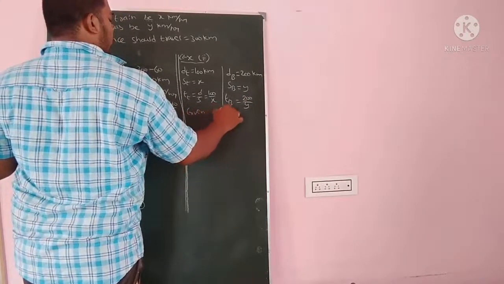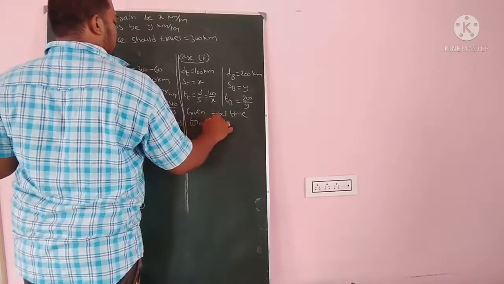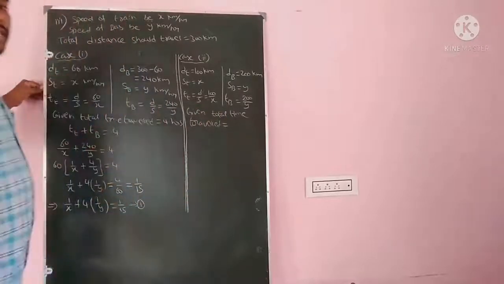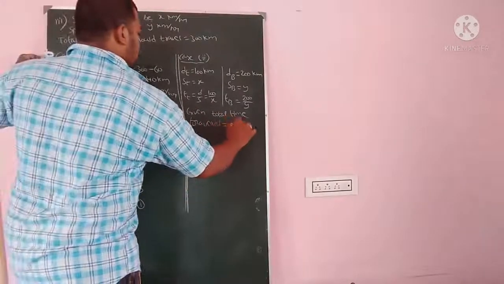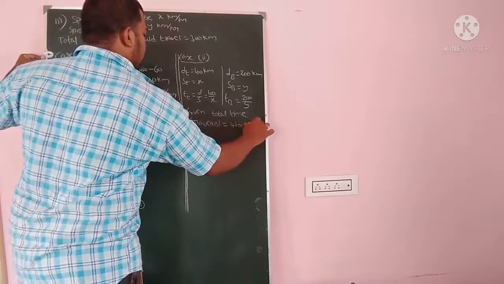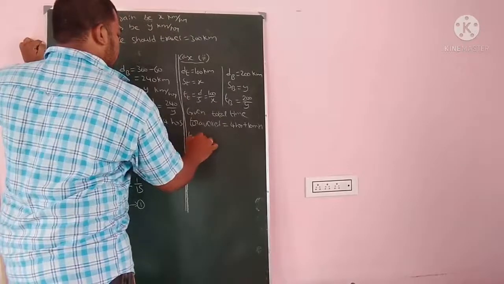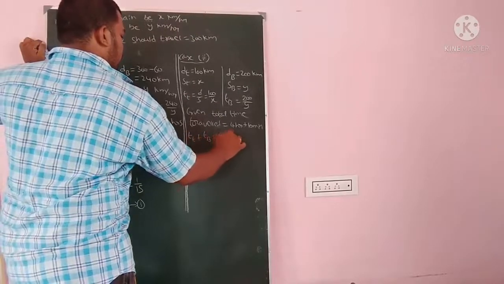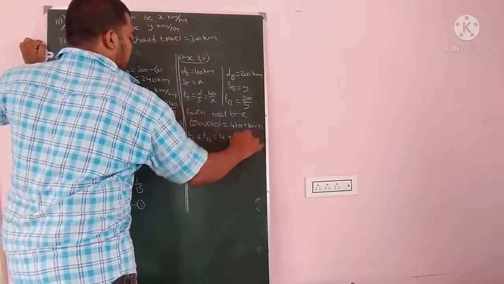So given total time traveled is 10 minutes longer than the previous time. Previous time is 4 hours. So 4 hours plus 10 minutes. So that means Tt plus Tb is equal to 4 plus 10 by 60 hours.